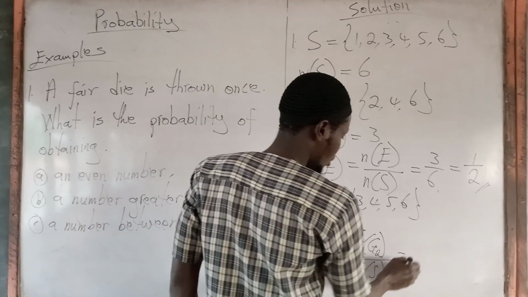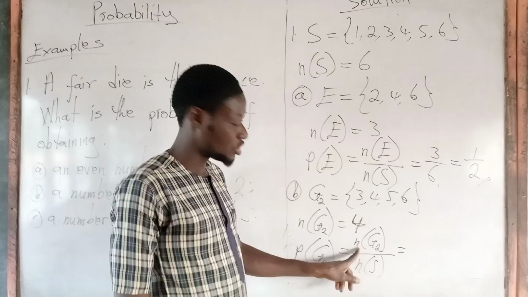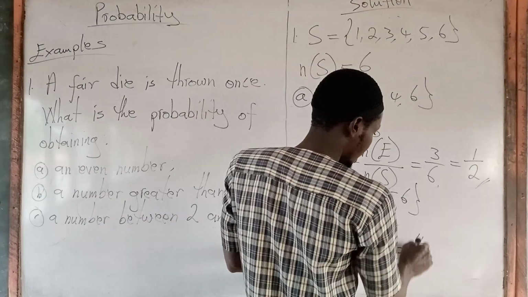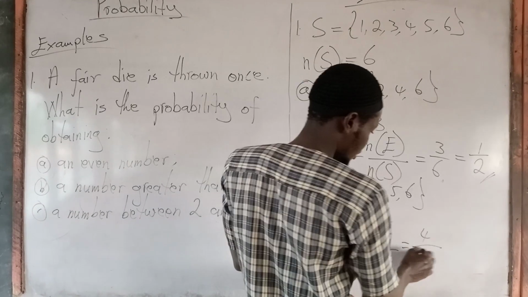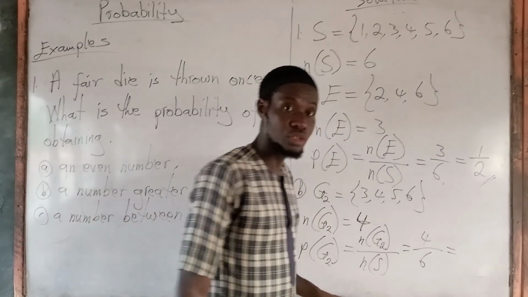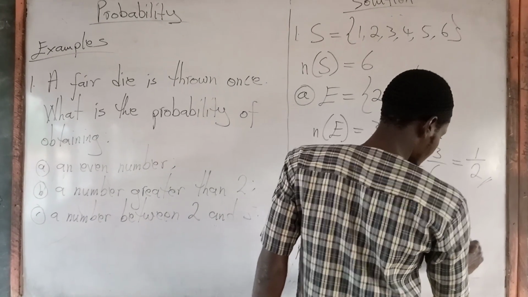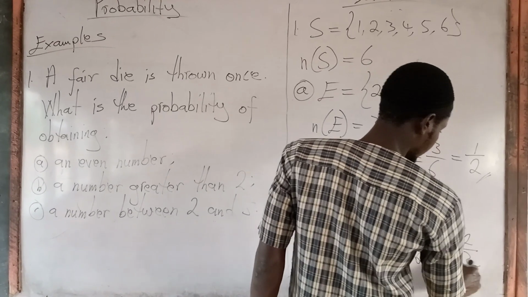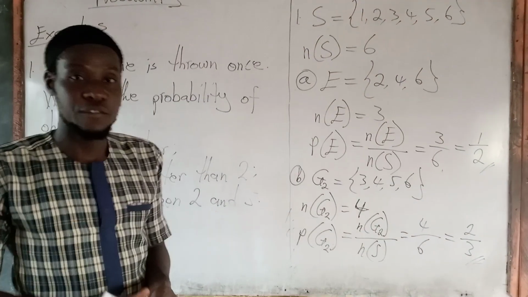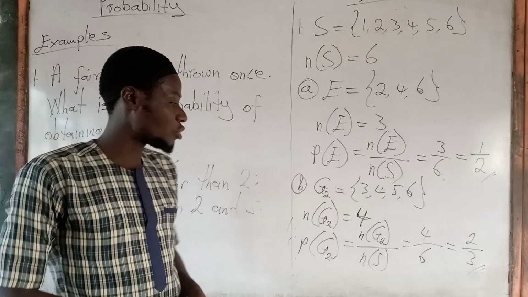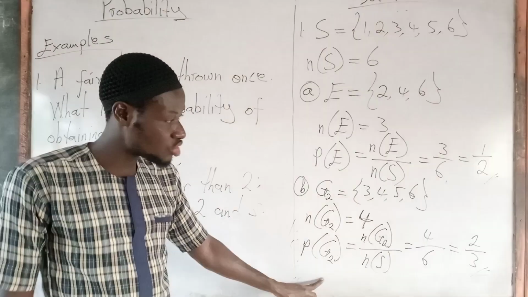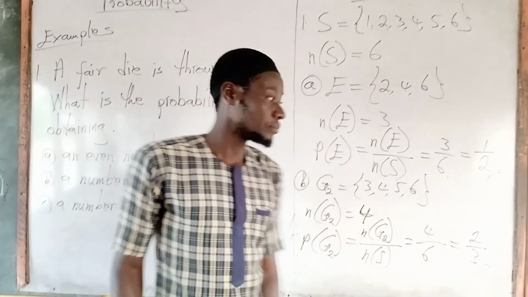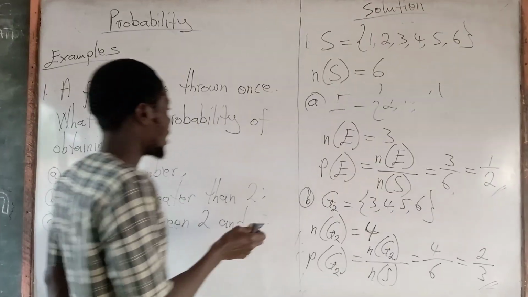So this will be equal to 4, the n of elements greater than 2, divided by the number of elements in the sample space, which is 6. This will be equal to 2 divided by 3. So if a fair die is thrown once, the probability of obtaining a number greater than 2 will be 2 out of 3.